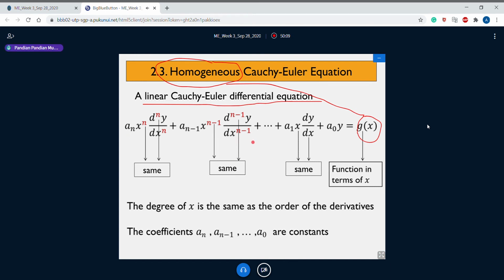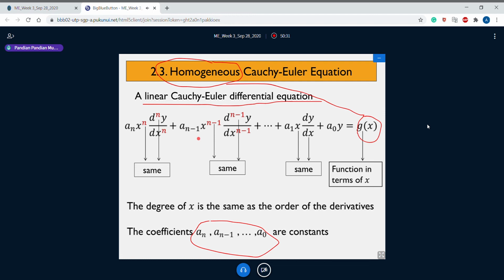This is linear because there are no terms like y squared on the left hand side. So how do we know it is a linear Cauchy-Euler differential equation? You see these terms a_n, a_(n-1) until a_1 and a_0, these are constants. You don't worry about this.